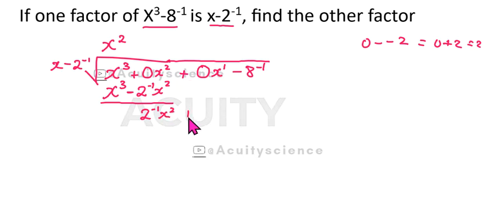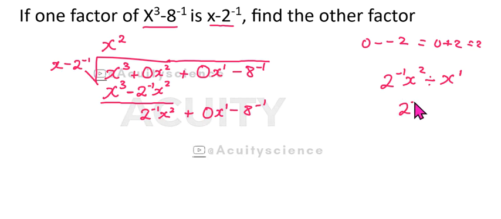So let's bring down other things: plus 0x raised to power 1, then minus 8 raised to power minus 1. That was the first step. The second step, we'll divide again. This here divided by x. Let's do that carefully. 2 raised to power minus 1, x raised to power 2. If we divide by x, which is the same thing as x raised to power 1, because it's division of indices, we subtract powers.